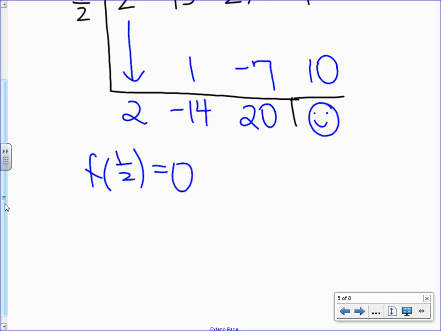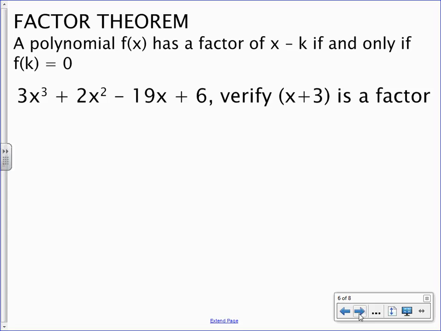So let's talk about this. If we have a 0 at 1/2, then we can write a factor of what? X minus 1/2. Okay, here's our next theorem.